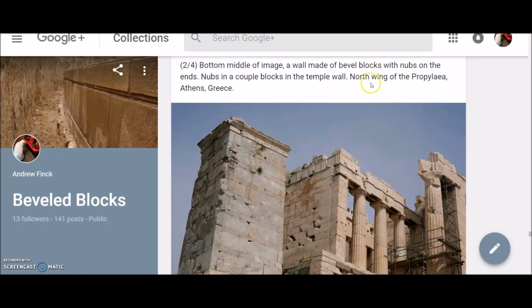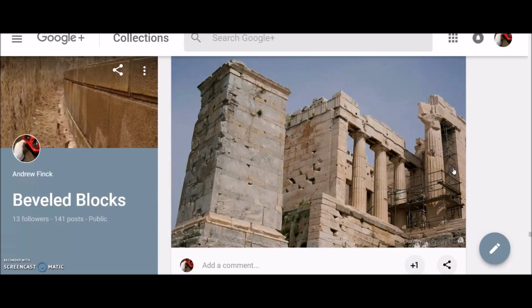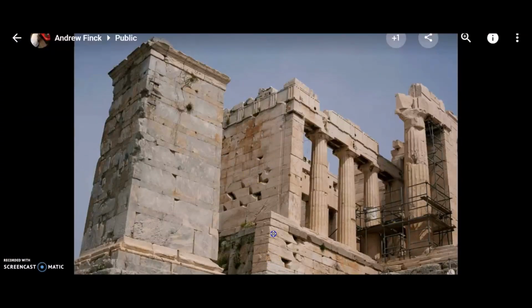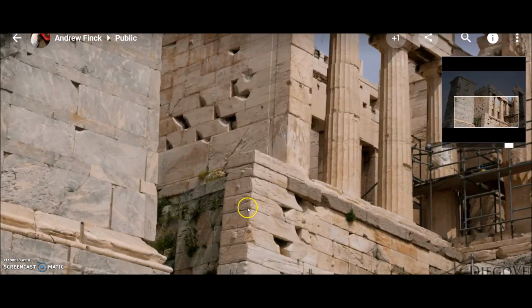Next, the north wing of the Propylaea, still on the Acropolis. Now, they're not initially apparent, but you start zooming in, you start seeing bevel blocks, nubs, maybe larger knobs.